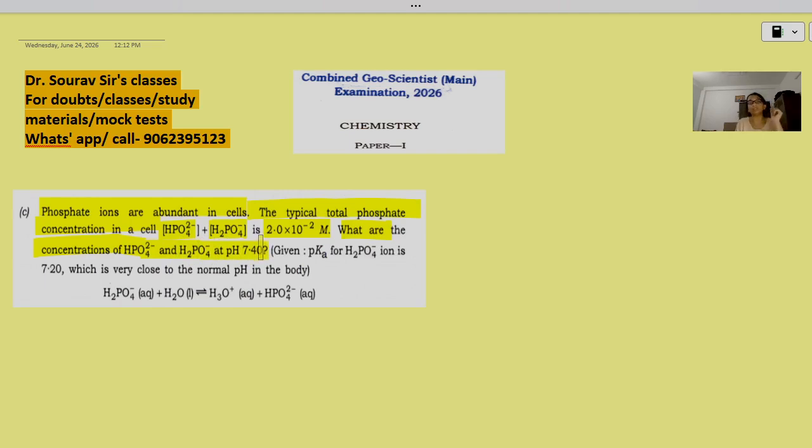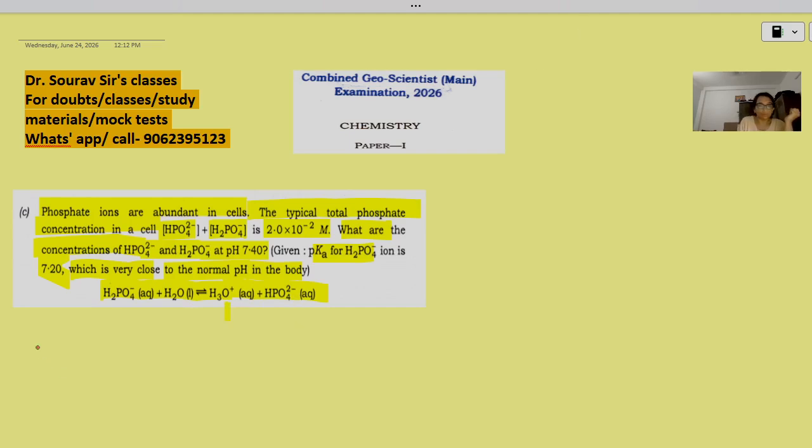The pKa for the diphosphoric ion is 7.20, which is very close to the normal pH in the body. A reaction is also given, showing how diphosphoric acid reacts with water to form the hydronium ion and the monophosphoric acid.